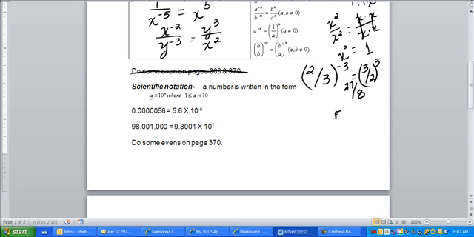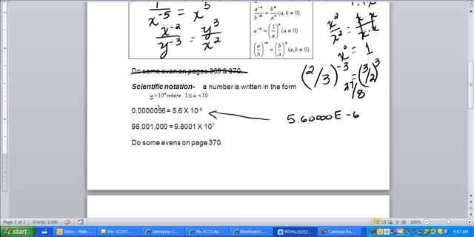The way you'll know is it'll have an E and then give you a number, like it might give you 5.60000 and then E negative 6 would be an example of how it would express this first one that we have here. So that would be scientific notation on your calculator.